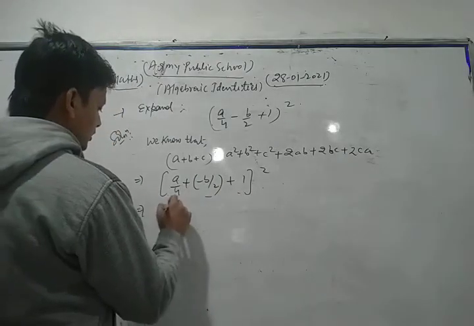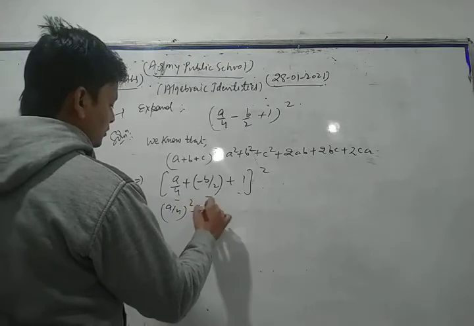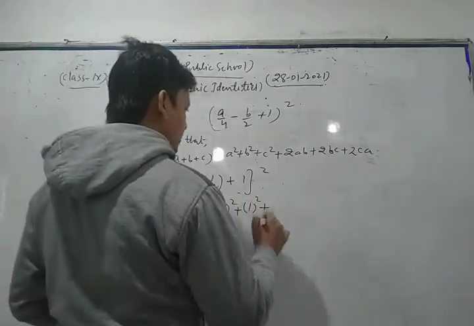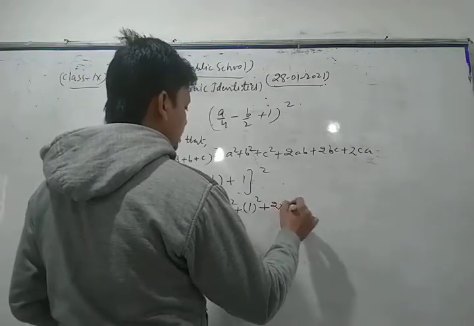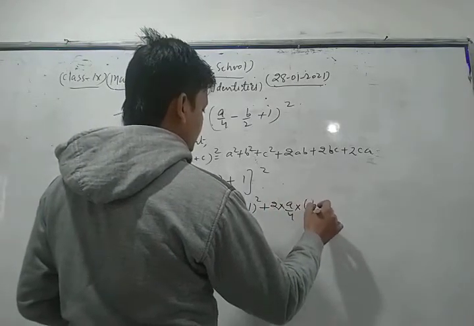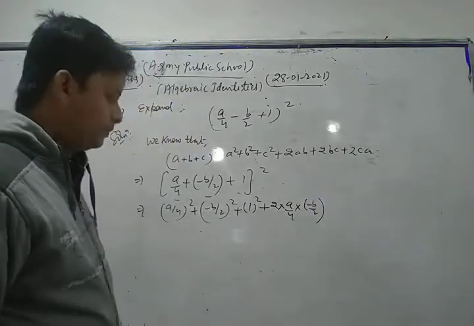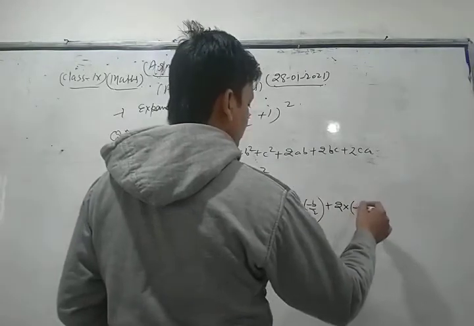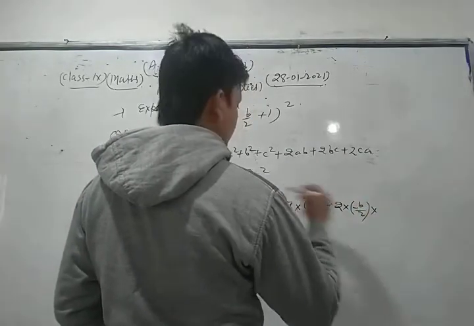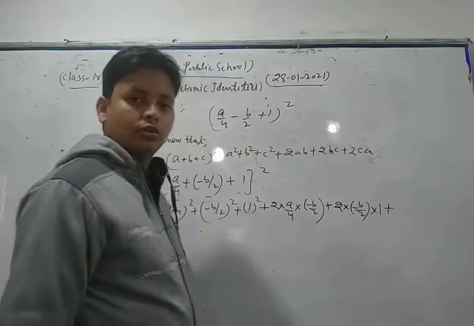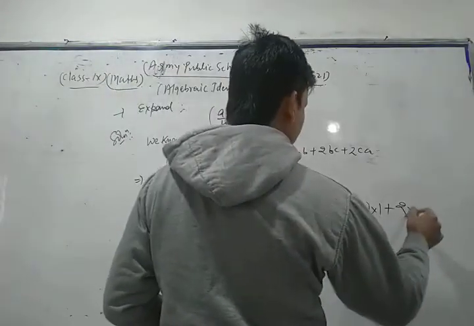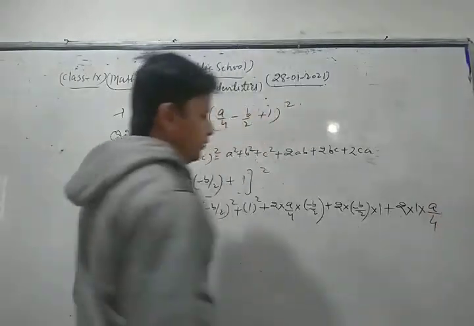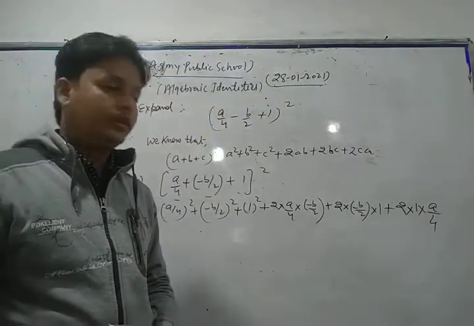This is a square, that is (a/4) square, plus b square, that is (minus b/2) square, plus c square, plus 2ab means 2 into a/4 into minus b/2, plus 2bc means 2 into minus b/2 into c, which is 1, plus 2ca means 2 into c, which is 1, into a, which is a/4.